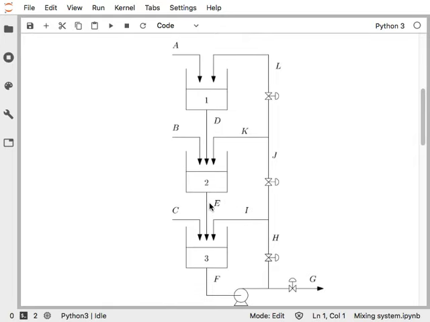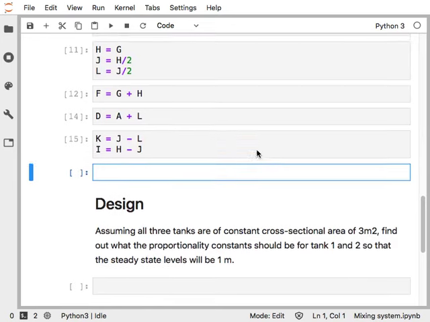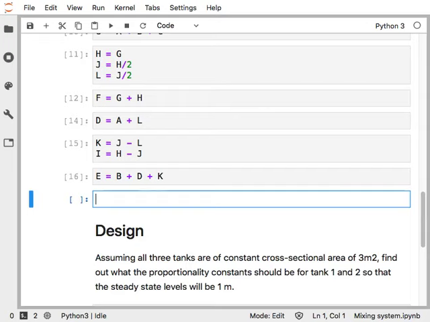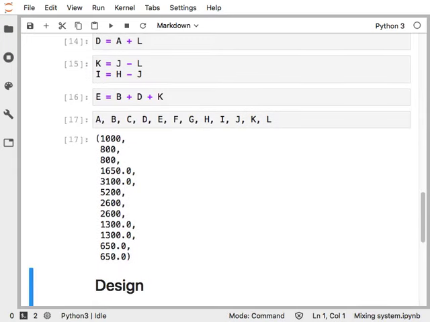Because now I know that E is going to be B plus D plus K. Cool, so at this point, I should know all of the streams. Cool, steady state mass balance sorted, right?